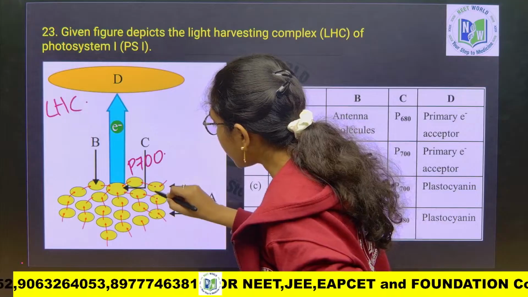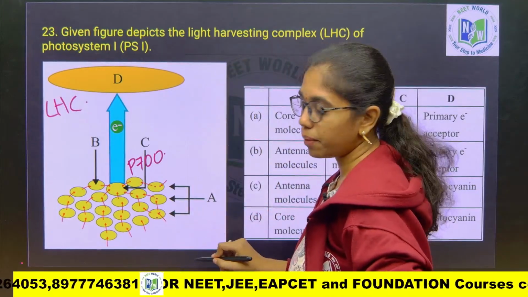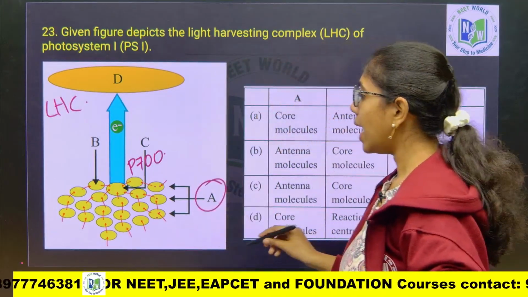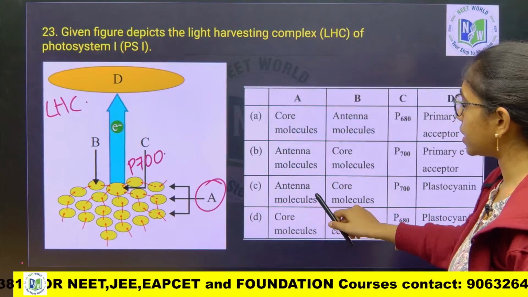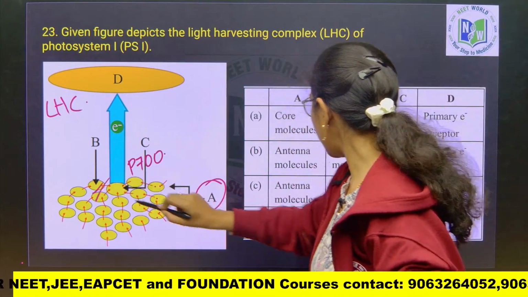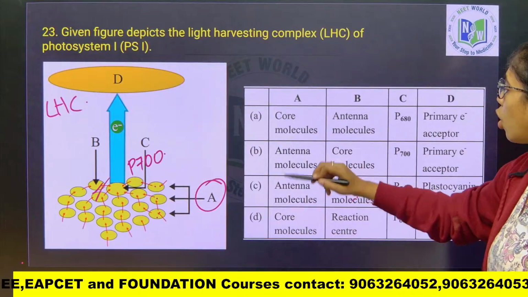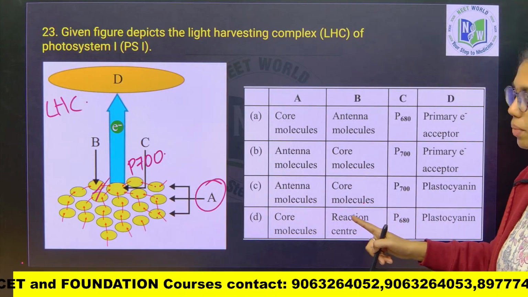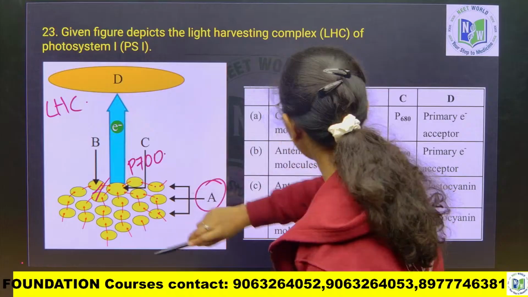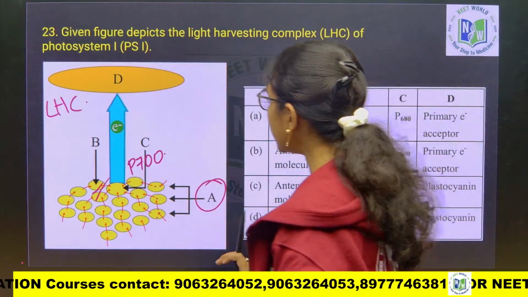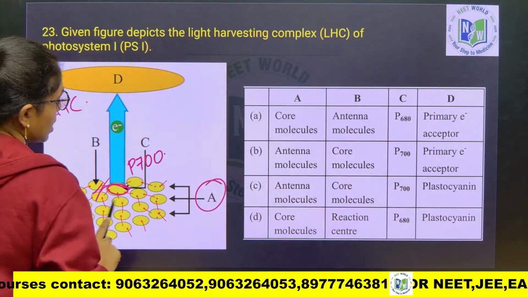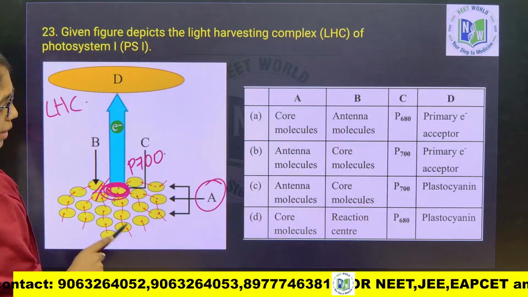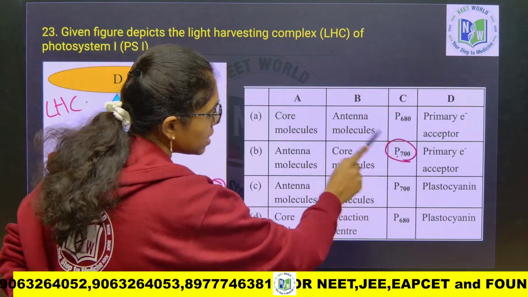All these pigments are antenna pigments or accessory pigments. Then A will be antenna pigments or accessory pigments. B, if you see, comes under core molecules or core pigments. And here you can observe C, which is over here. This is the reaction center, that is of wavelength P700.